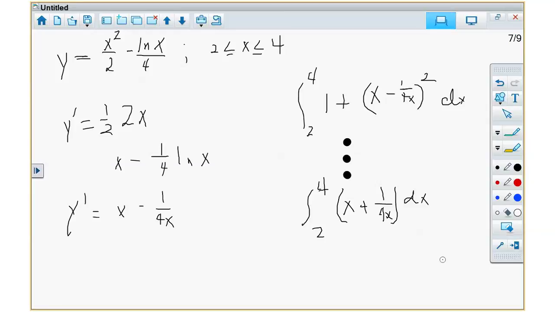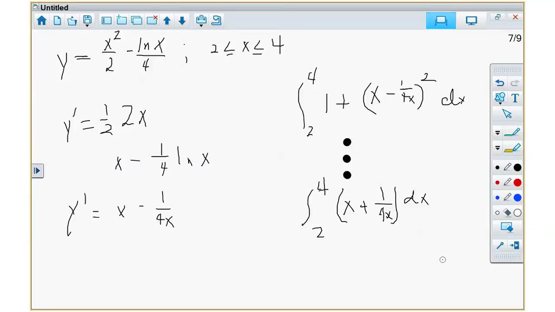Yes, no, maybe? You're going to get x plus 1/4x. If you do shortcut number 2, you're going to get x squared minus 1/2 x plus 1/16 x squared, something like that. Then if you add the 1 to it, that comes out to be x squared plus 1/2 plus 1 over 16x squared.